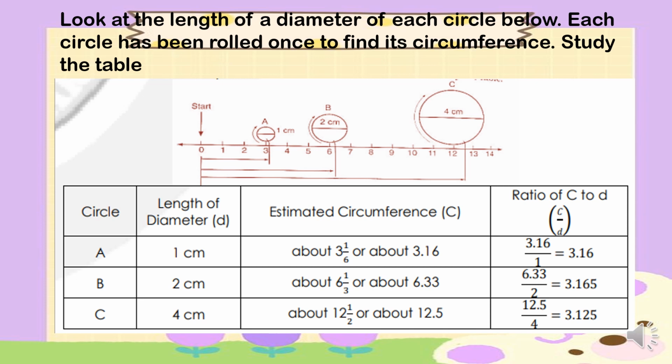For circle B, we have 2 centimeters. The estimated circumference is about 6 1/3 or about 6.33 centimeters.